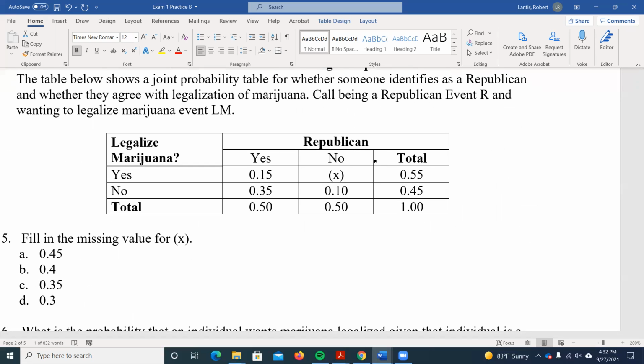It's kind of faint. So what if I wanted the probability that somebody wants marijuana legalized, or they're a Republican? So now I want the union of two events. So I'll show you in a second. When I go back over, this is why I was thinking I could just sit at the table, but then I realized typing it out is somewhat boring.